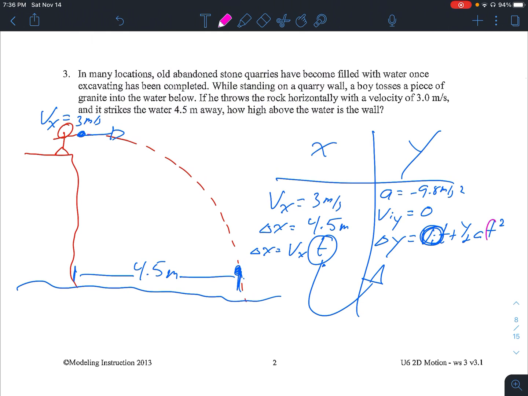We're going to use that time that we found on the horizontal to find our delta y. And making note that you should get a negative here because our acceleration is negative, so this whole term will be negative.